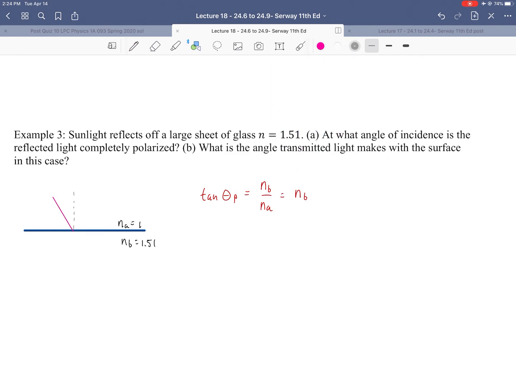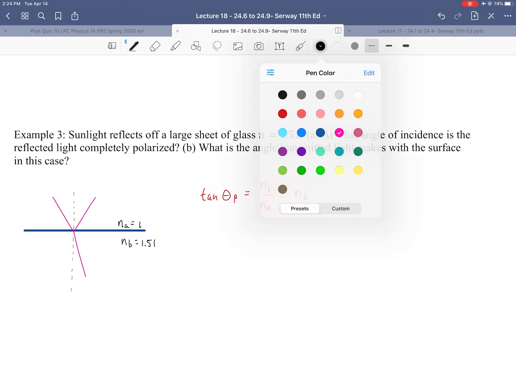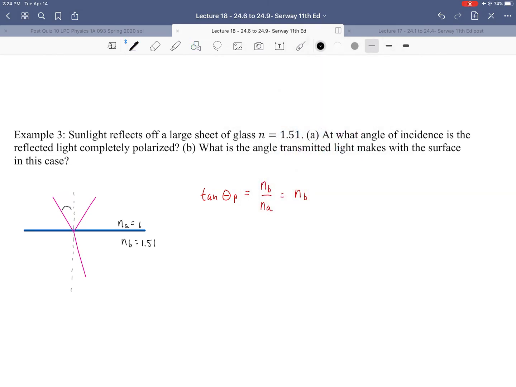So I'll have it come in, and then get refracted, so bent down a little bit, and then reflect at the same angle. There we go. And then we need this to be our theta p.